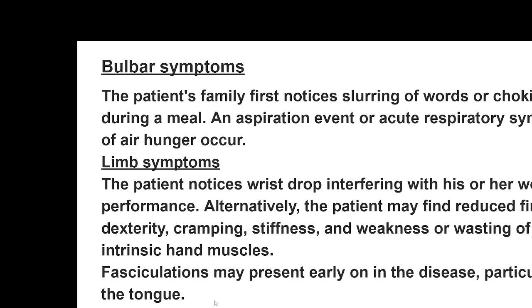Now, the bulbar symptoms are usually seen as the patient's family notices slurring of the words initially, or choking during a meal. So the symptoms in bulbar conditions start with slight slurring of the speech, which may not be noticed by the patient, but the attendants of the patient or somebody near the patient may observe that the patient's speech is gradually losing its character.